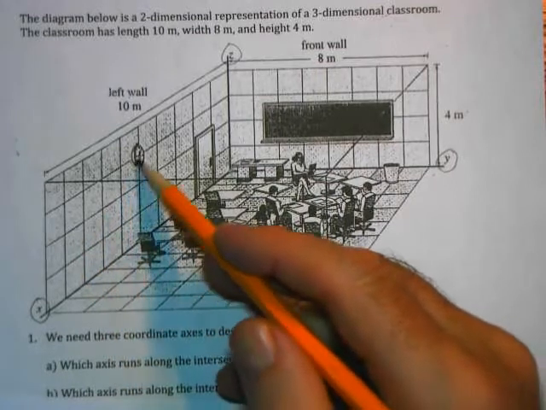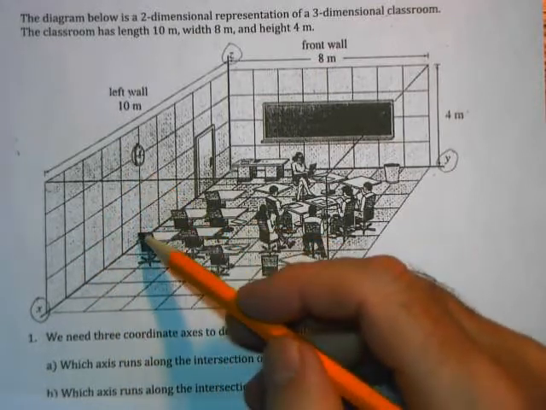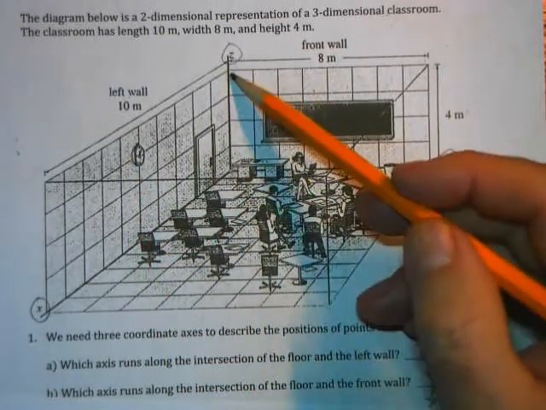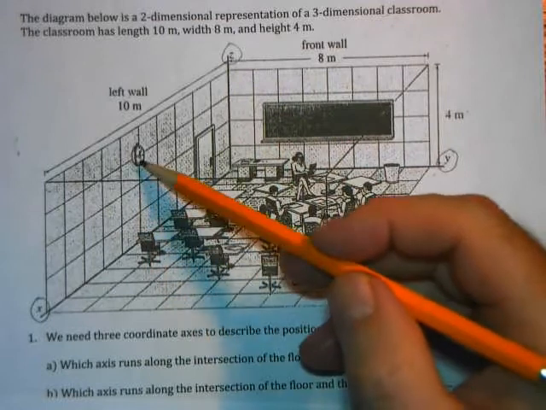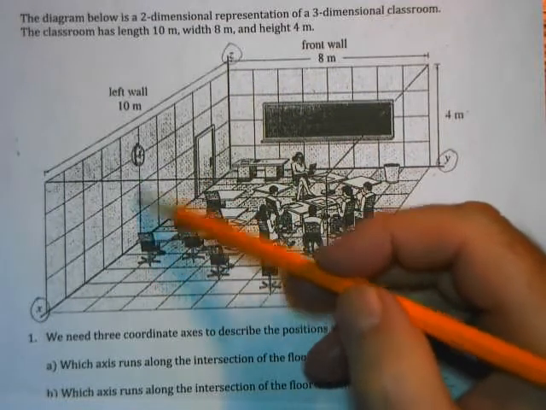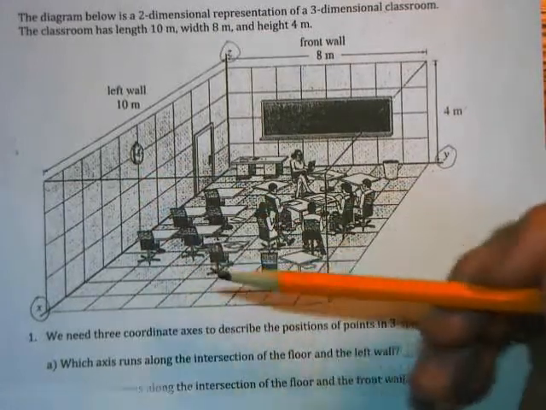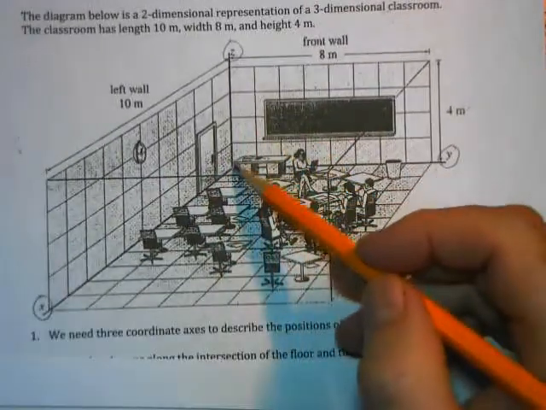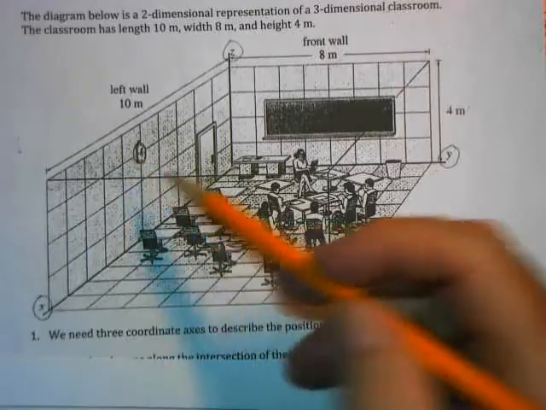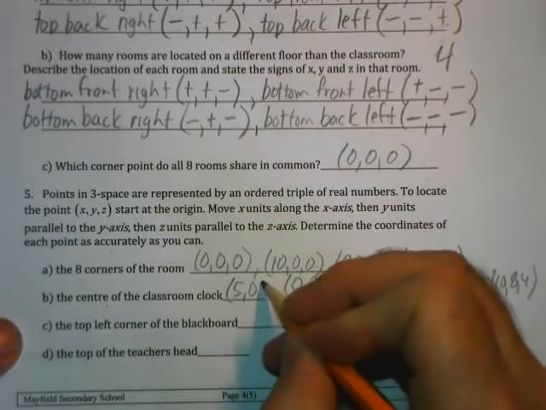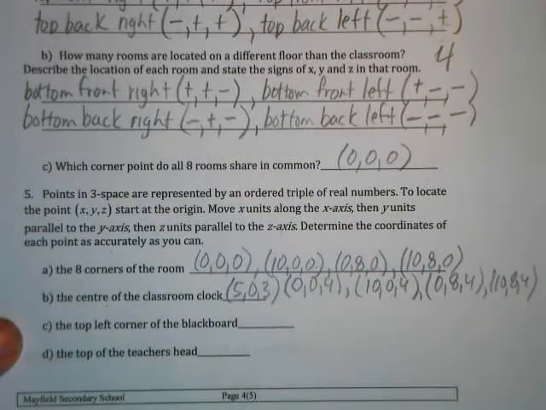So x coordinate of 5, y coordinate of 0, and then the z coordinate is how high up it is. Again, I'm going to use the grid to help me. It's that point right there, so that'd be 1, 2, 3. So it'd be the point 5, 0, 3. If I go back to my lesson note here, point 5, 0, 3 represents the center of the clock.